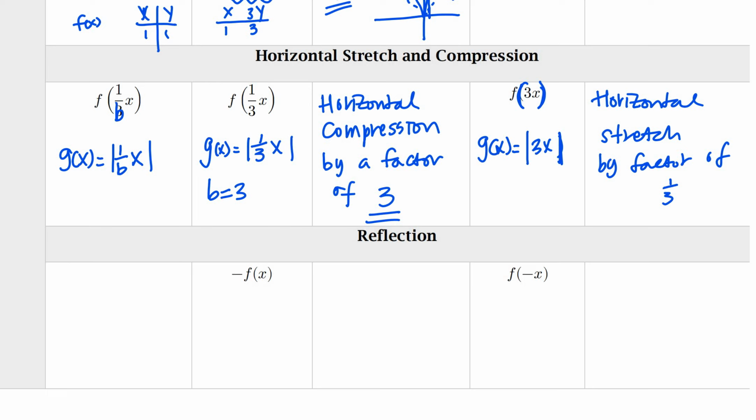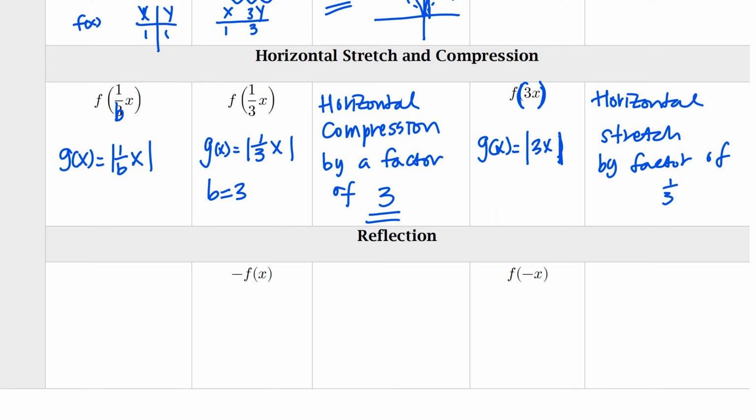So in this case, b is 1/3. So it's a reciprocal. Simply, when it comes to horizontal, you can think of it as a reciprocal number that you are going to use, because this is like 1 over b, divided by 3, right?